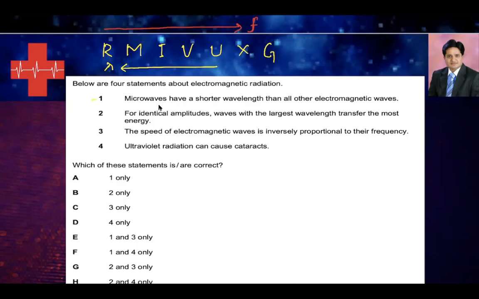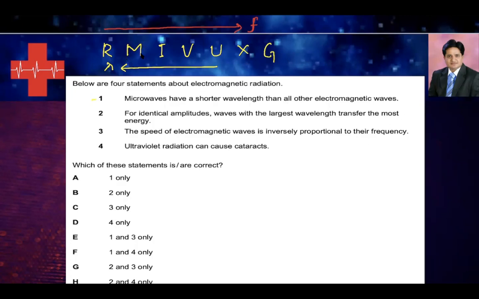Now let's have a look at the question. Microwaves have shorter wavelength than all other electromagnetic waves. That's incorrect because microwaves have really long wavelength.